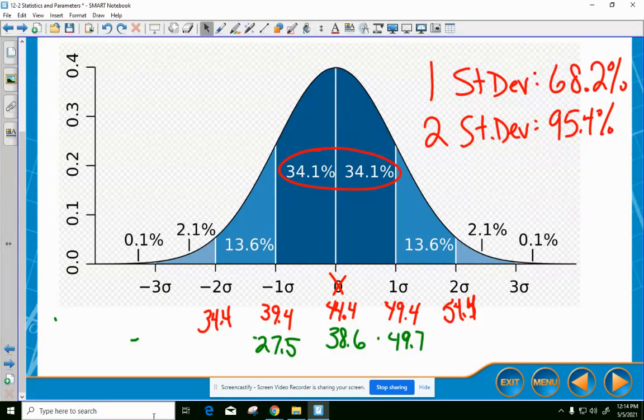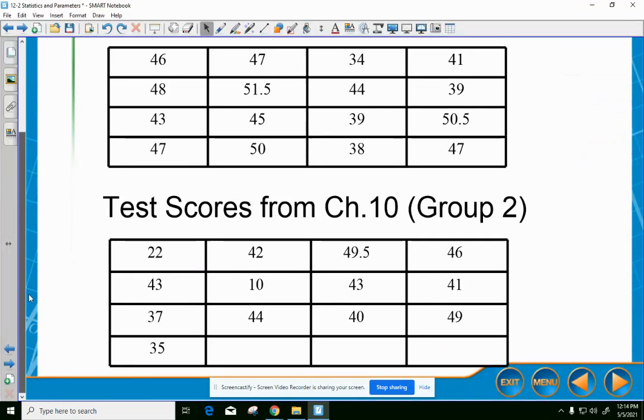Doesn't mean that the scores in green weren't still good. There were some good scores in green. Go back and look at it. There's a 49.5. There's another 49, a 46. There's a 22 in here. There's a 10 in here. A 35. Wait, are these like actual hours? This is one of the classes.